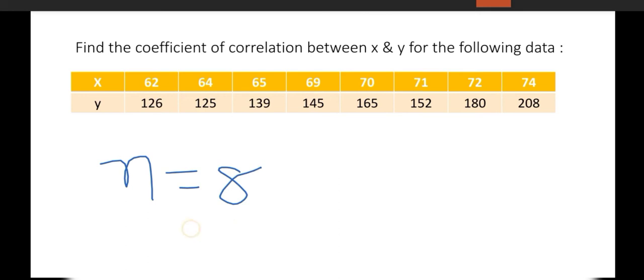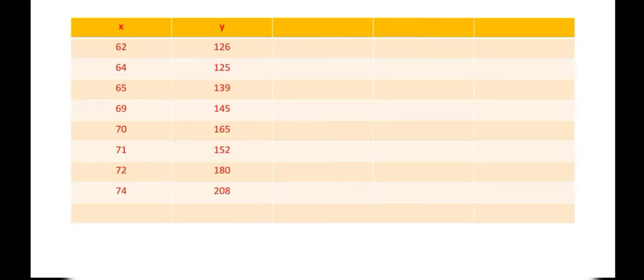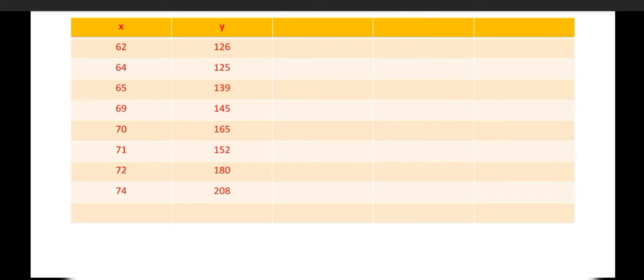Our first step is to make a table. The first column will be x, the second column will be y, the third column for x square, the fourth column for y square, and the fifth column will be xy.